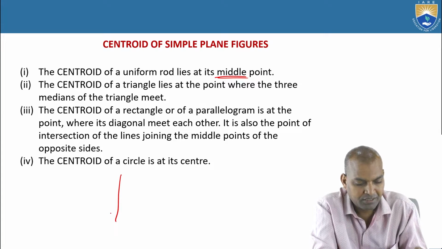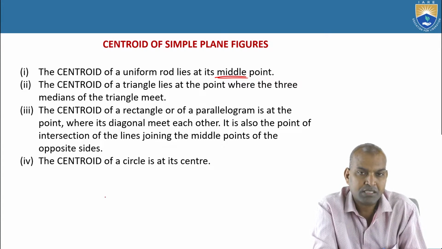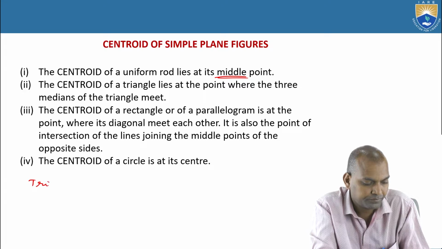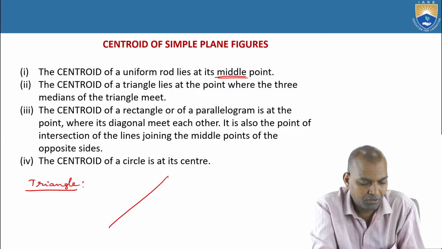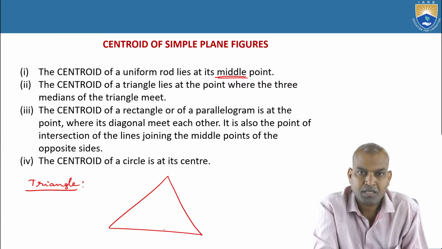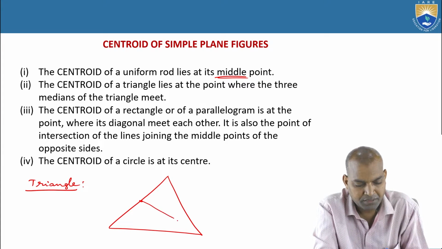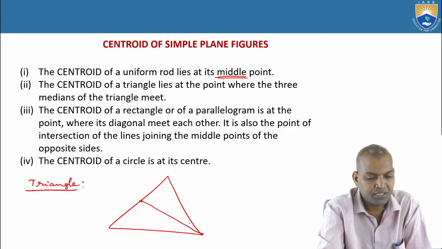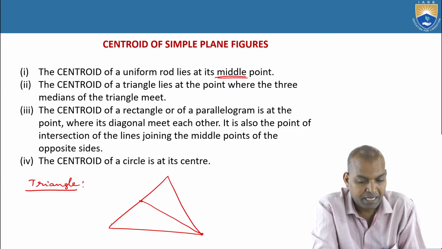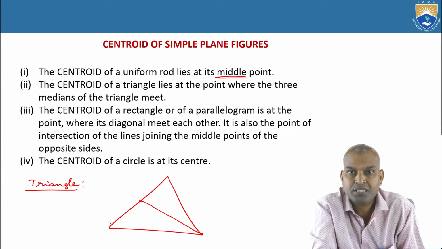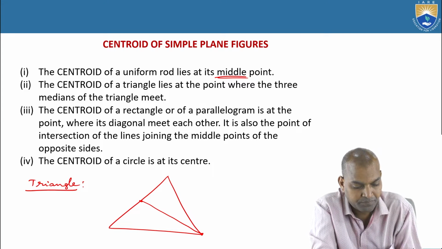Suppose we consider the triangle: the centroid lies at the point where the three medians of the triangle meet. This is the median, here it is.